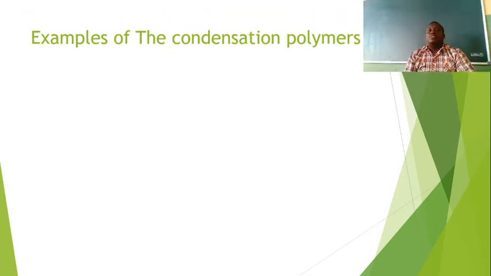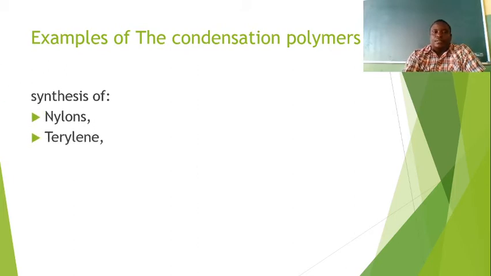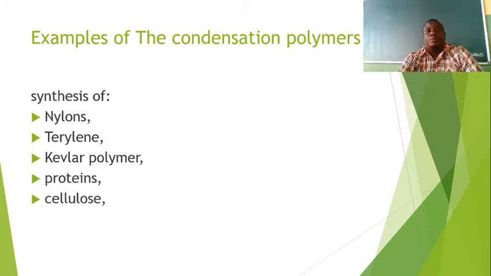Examples of condensation polymers can be found from the synthesis of nylon. Nylon is a polymer. Kevlar polymer. Today I'm going to focus on nylon and Kevlar polymer because we use them frequently in our daily life, and also proteins, polymers formed from condensation, cellulose, and bakelite.